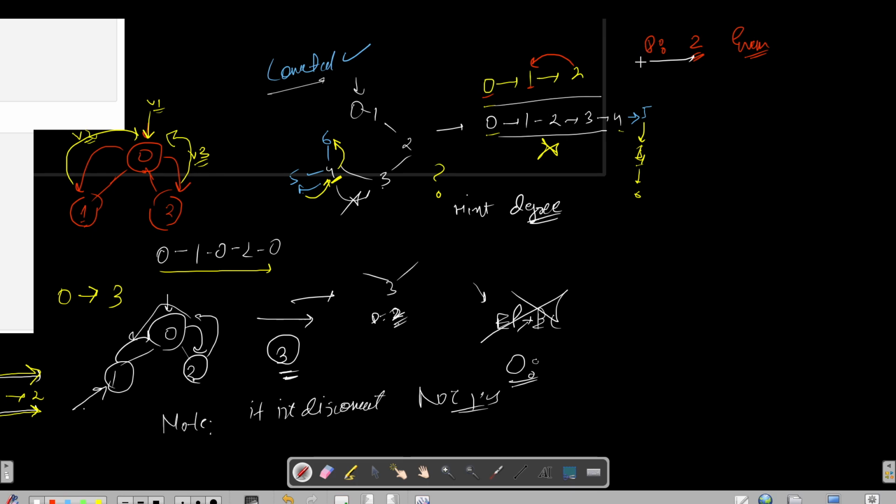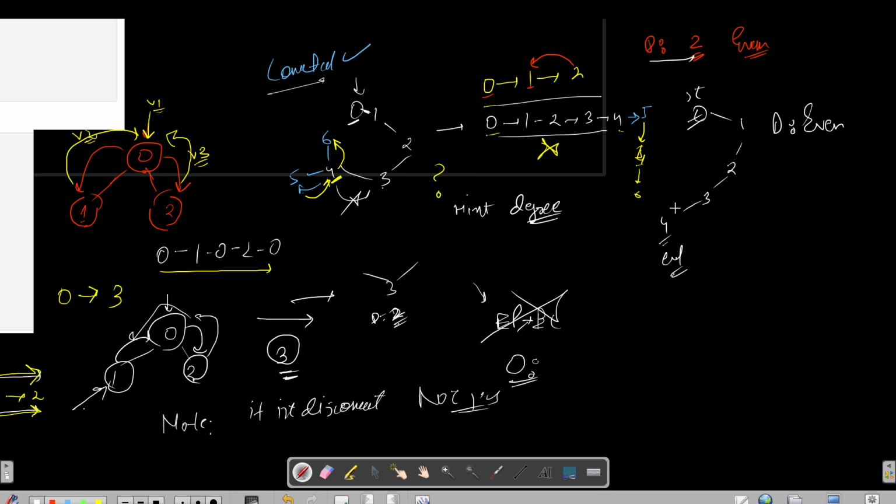So now, how many degrees should be even, right? Because this 0 clearly has just one degree, so definitely for this you have odd degree. So can I say that for all the internal nodes, that is except the starting and ending point, if our graph is like this, 0 1 2 3 and 4, for all the nodes the degree should be even.